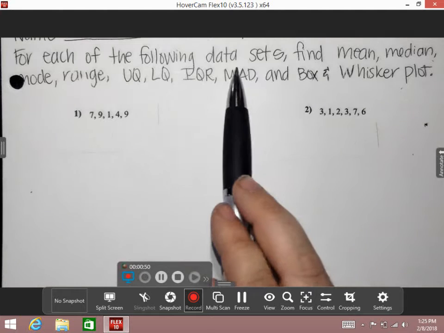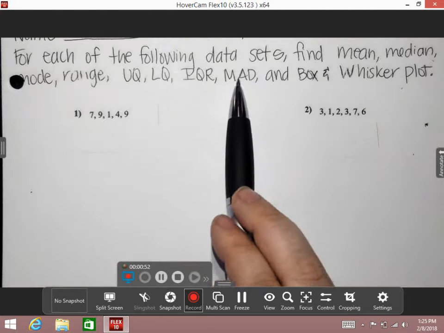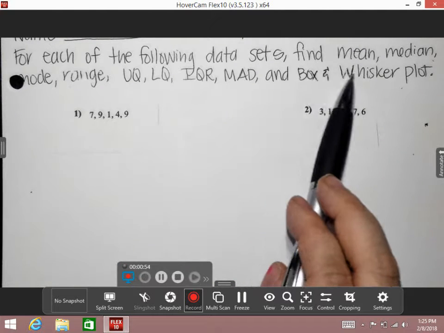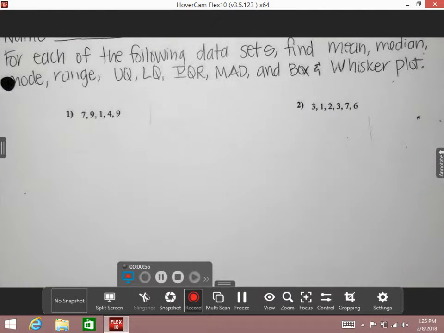The only new thing are the last two. Mean absolute deviation we did yesterday. Box and whisker we did Monday and Tuesday. All right? So we're going to put everything together today.